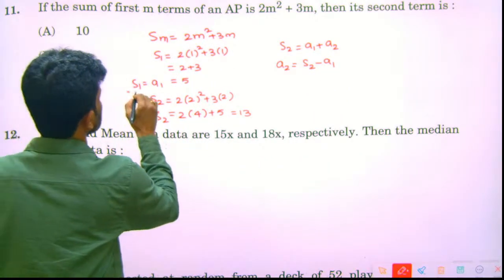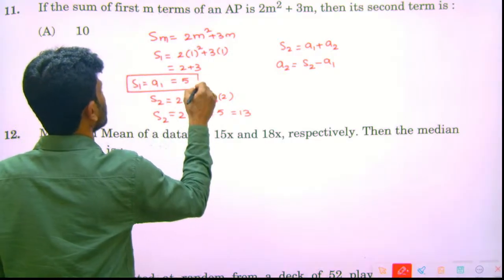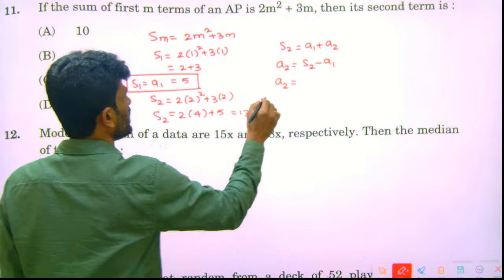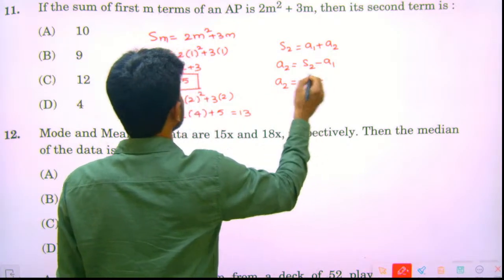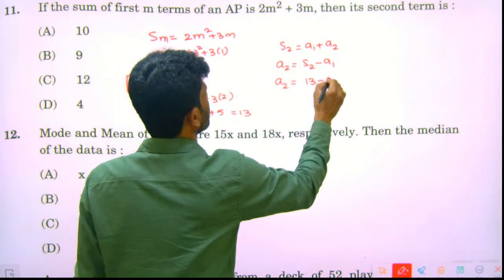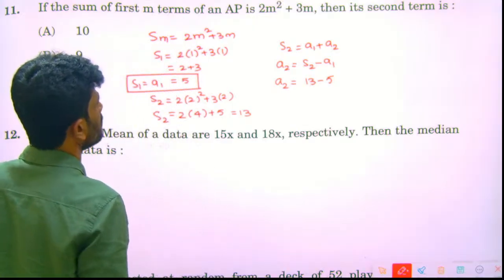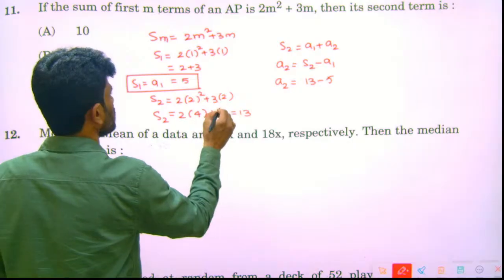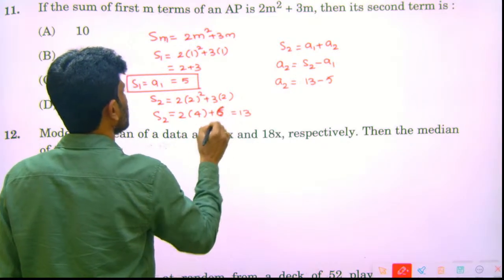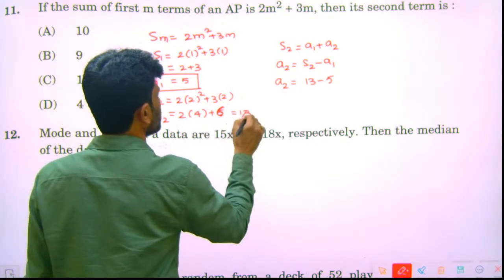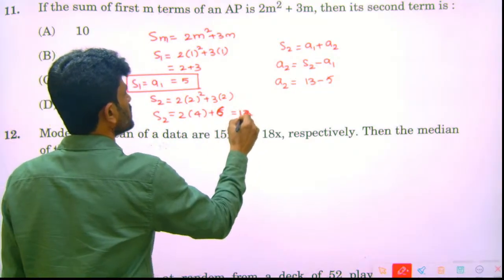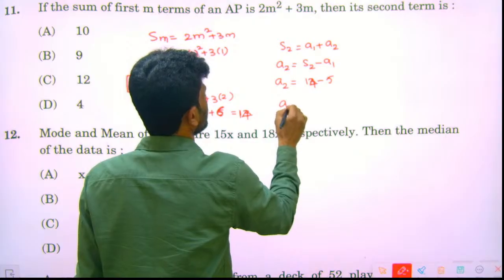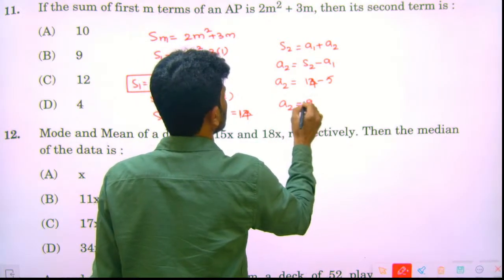Already we know A1 is 5. Then A2 is S2 13 minus A1 5. Where did we go wrong? 2 5 is 8. Okay, this is 6. 3 2 is 6. So in that case it is 14. 14 minus 5. So A2 is equal to 14 minus 5, which is 9.